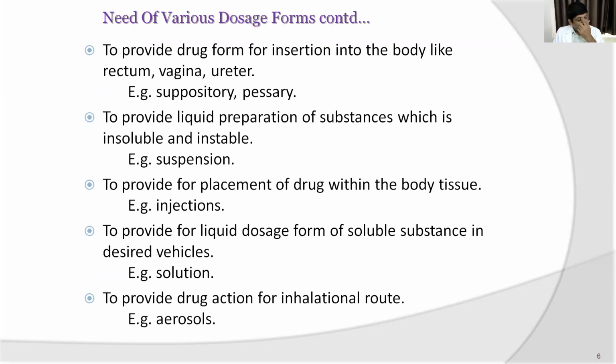So if we want local action, we have to make a separate dosage form, and for that suppositories and pessaries come into play. Suppositories are meant to be put in the rectum, pessaries in the vagina, whereas for the urethra it is bougies.